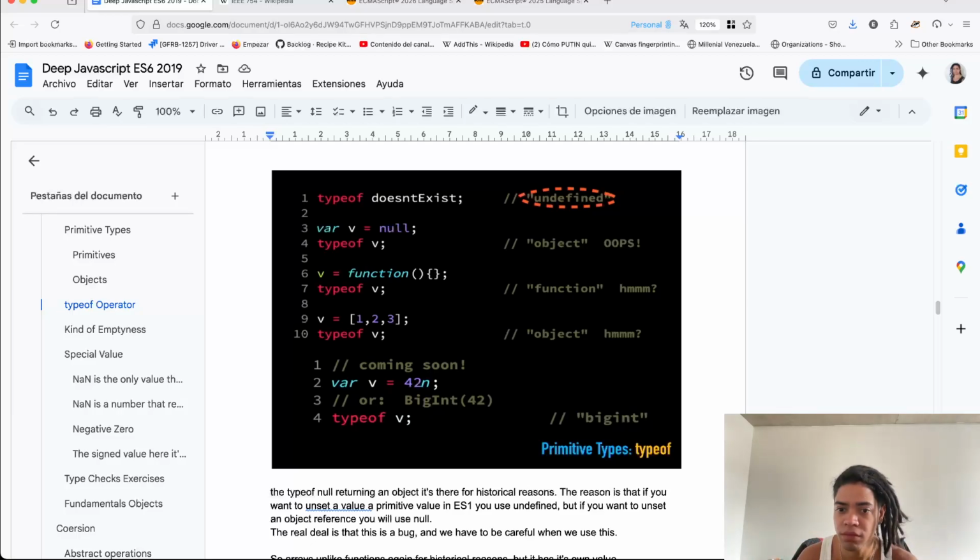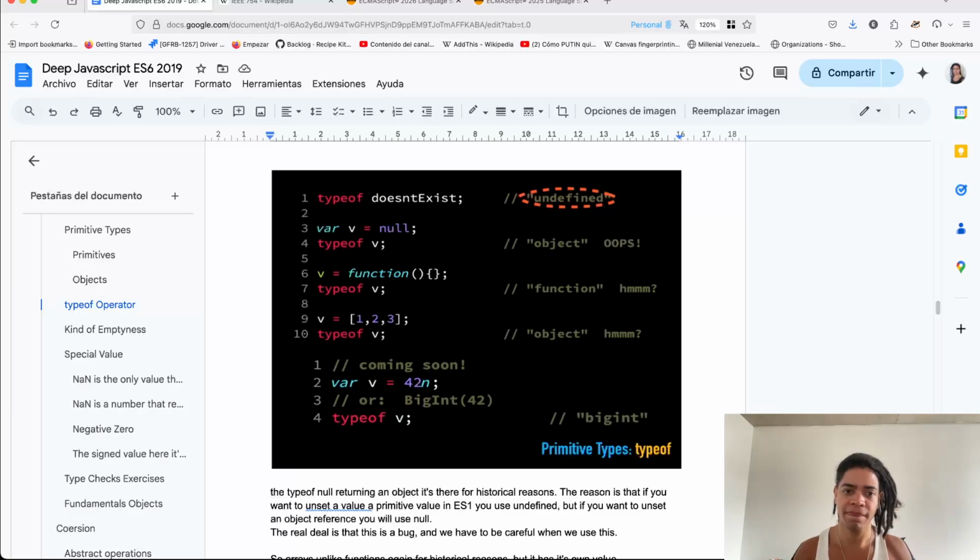And I think that's part of the historical reason for why typeof null returns object. But the real truth of the matter, I was tweeting about this years back, is that it's just a bug. It ought to have returned, quote, null, to tell us that this is a value of the type null. You'll notice that when we say v equals null and typeof v, we get back, quote, object.